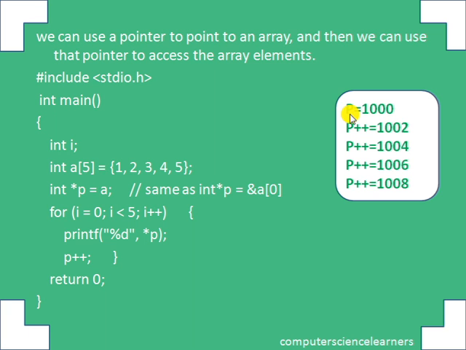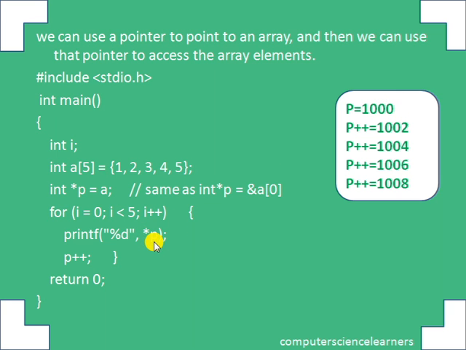So here initially, for our assumption, p is having the base address of a, 1000. p plus plus, that means second iteration, 1002, third iteration, fourth, fifth. For each iteration we are getting the value at this address.